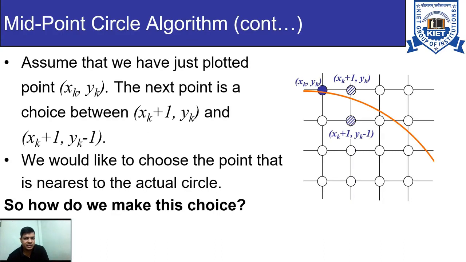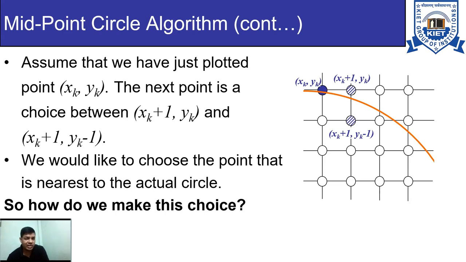So you can see from the figure here, we are choosing a midpoint between these two pixels. Then obviously you can see that whenever you are choosing any midpoint between these two pixels, the value of x always remains the same, it is xk plus 1.